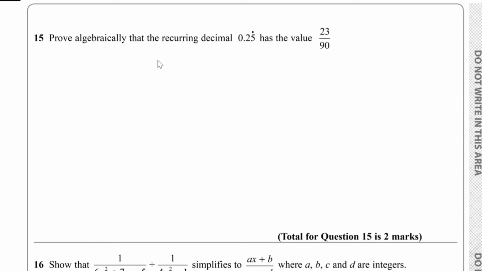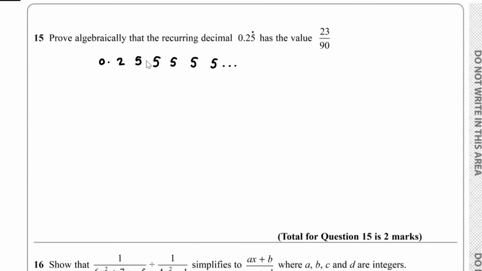Question 15. We have to prove algebraically that the recurring decimal 0.25, where the 5 is recurring here, has the value 23 over 90. Well, first of all, let's write out the 0.25 recurring. So here we have 0.2, and then we have the 5, which is being repeated.